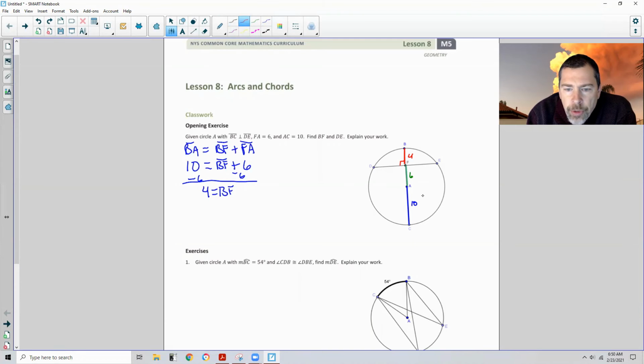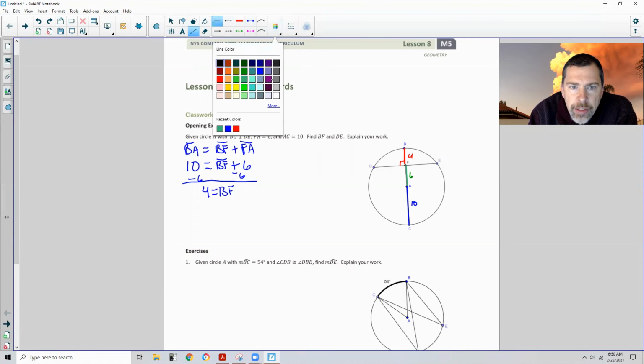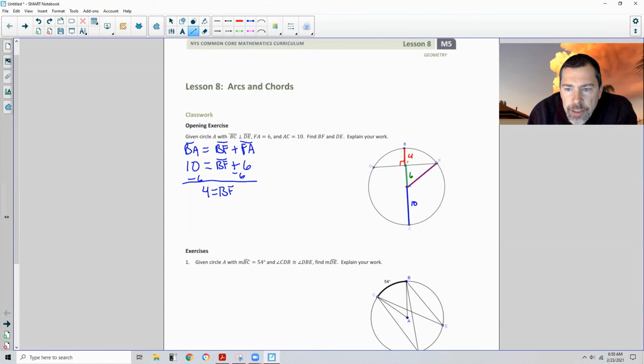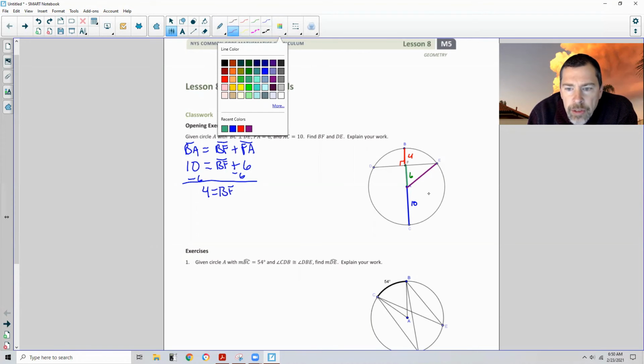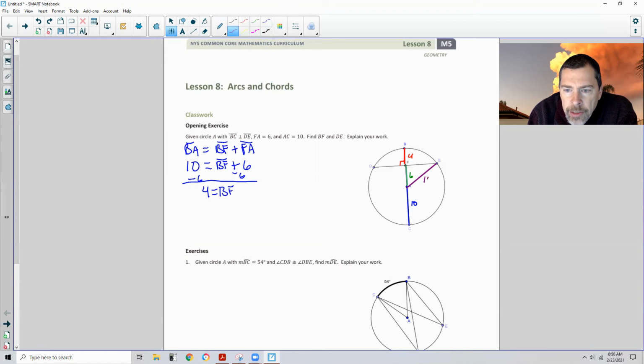The only other thing we need to do is find the length of DE. Here's how you're going to do that. We're going to do another segment, so I'm going to make a triangle. If I go from the center over to E, that is now considered a radius as well. So all radii in this circle are 10, so AE equals 10.